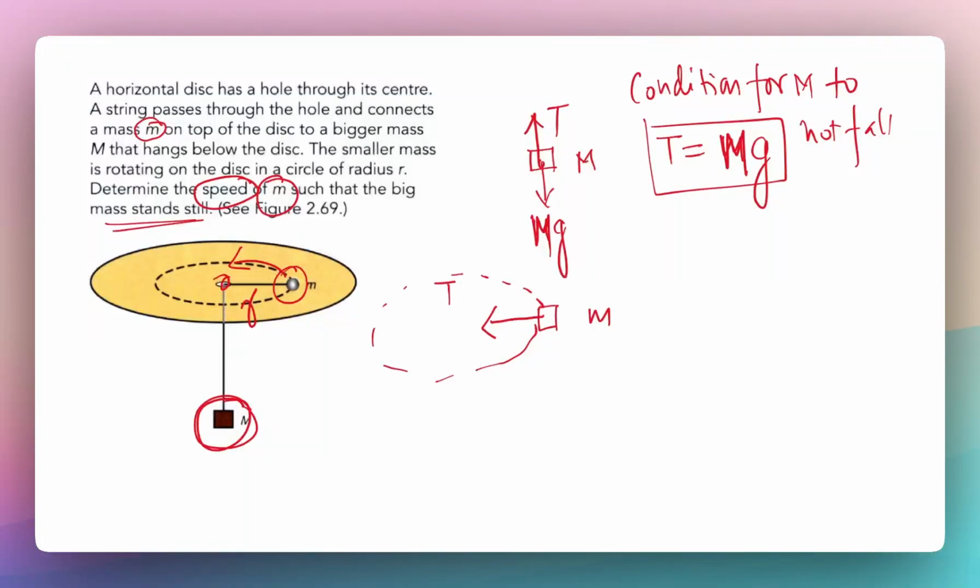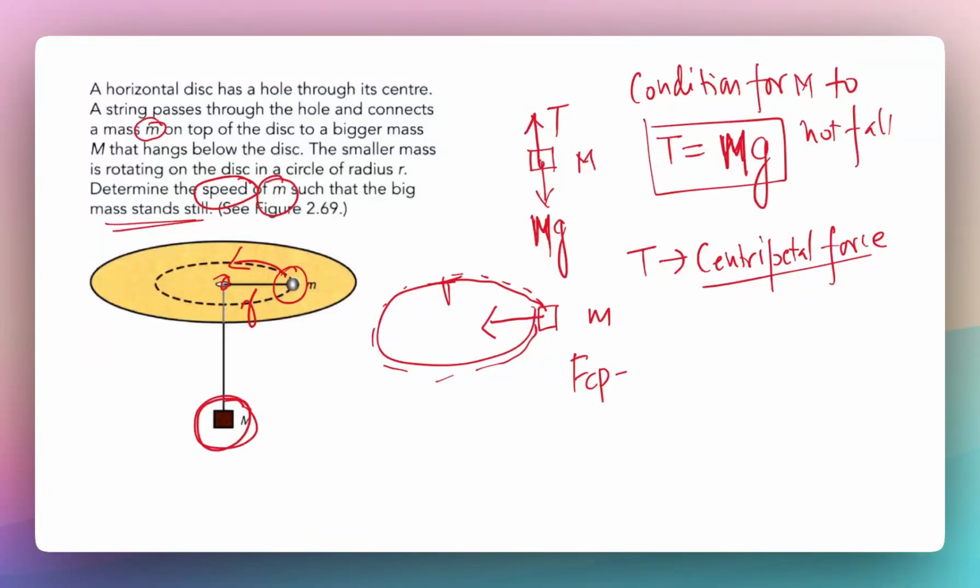So in this case, this tension force is our centripetal force, providing sufficient centripetal acceleration for small mass m to rotate in a circle. This centripetal force F_CP will be equal to small m times v square by r, where r is the radius of the circle.